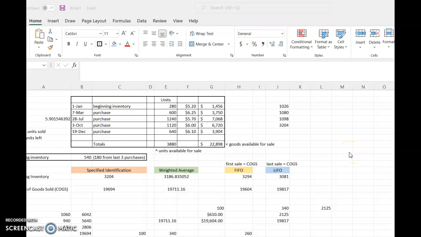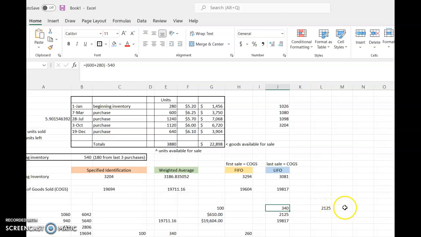Okay, we're going to finish up that ending inventory calculation for the last in, first out. If you remember from calculating the cost of goods sold here, we have this 340 number that comes from adding the two units from 1 and 2 together and then subtracting the ending inventory here.